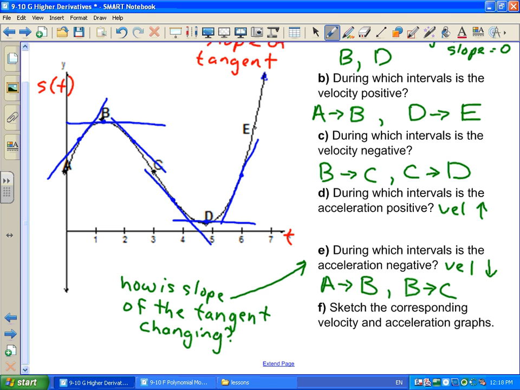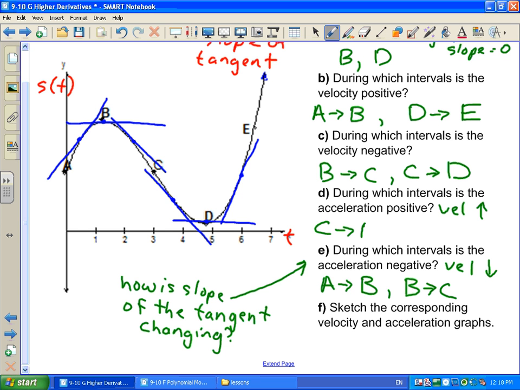Once we get to C, though, if we imagine going from C to D, by the time we get to D, we have to be back up to 0 again. So between C and D, the slope of our tangent has to increase back up to 0, so our acceleration has to be positive.